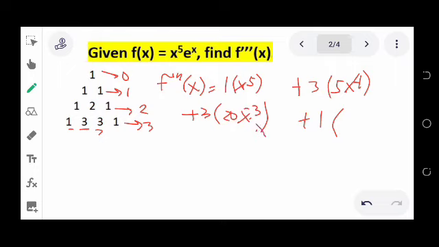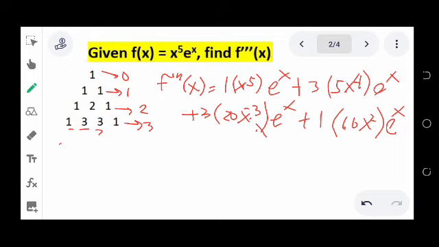Then derivative of 20x cubed here, that is 60x squared. And then for the second function, which is e to the x, we start here. We get the derivative. That's e to the x. Now, fortunately for this example, the derivative of e to the x does not change. So everything here is just e to the x.